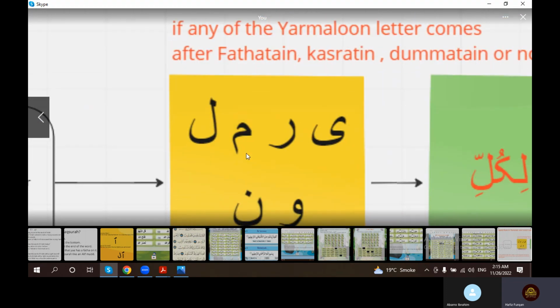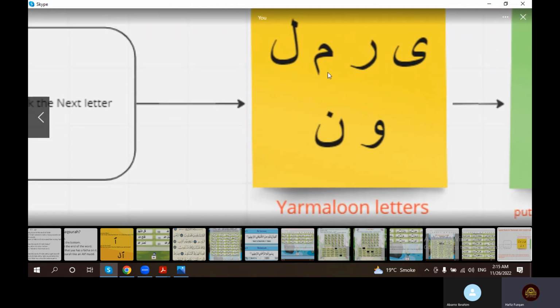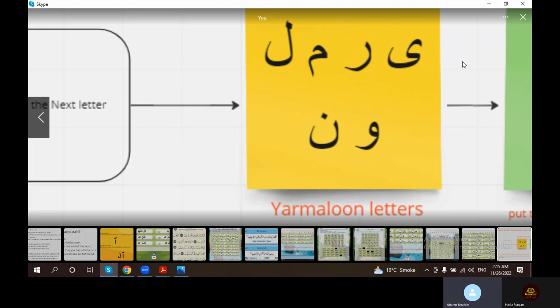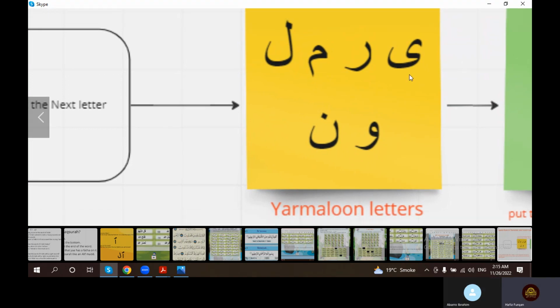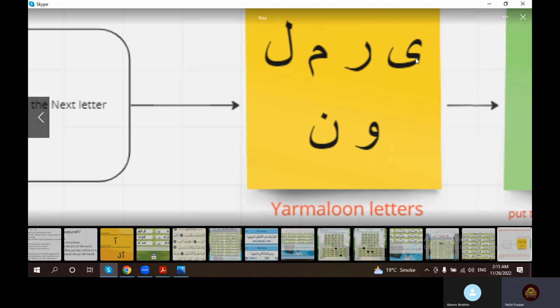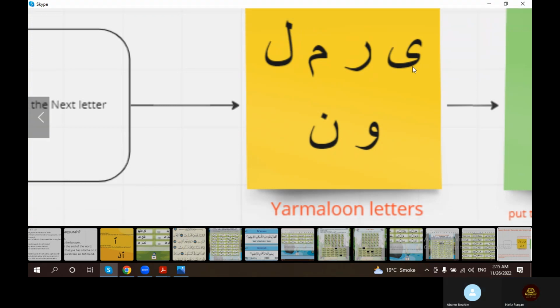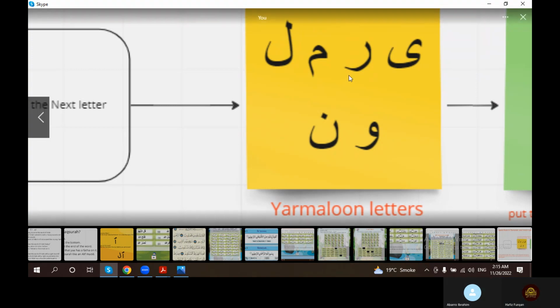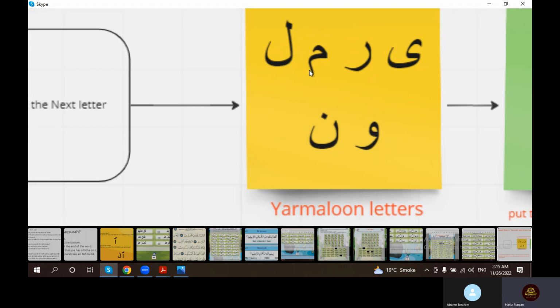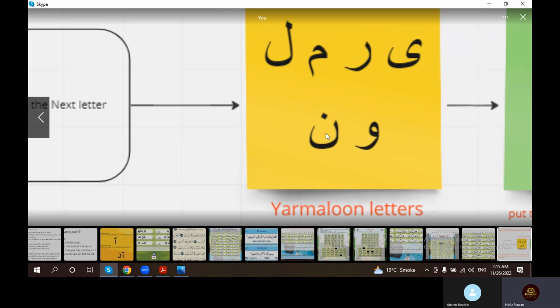These letters are called Yarmaloon letters. They are Ya, Ra, Mim, Lam, Waw, and Noon. Try to memorize this.